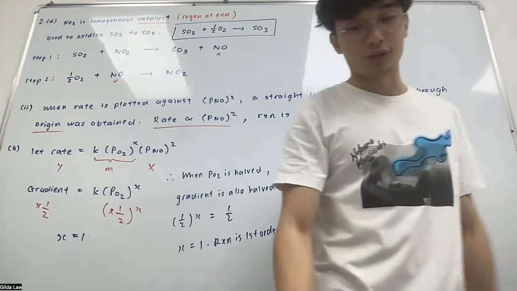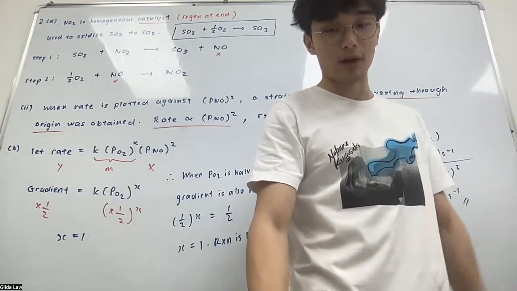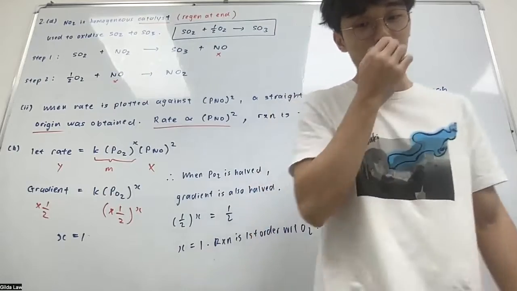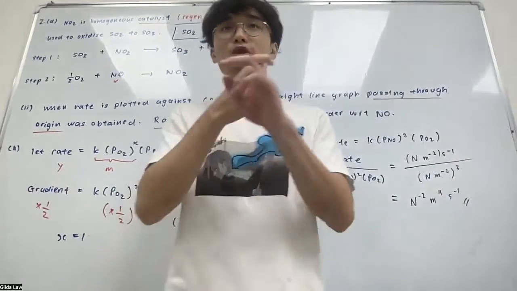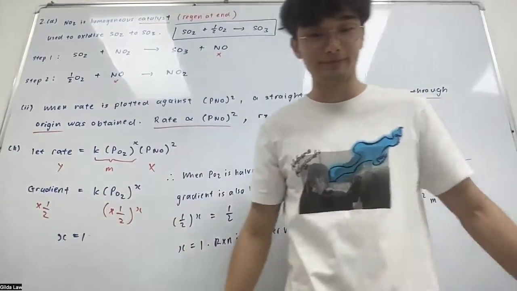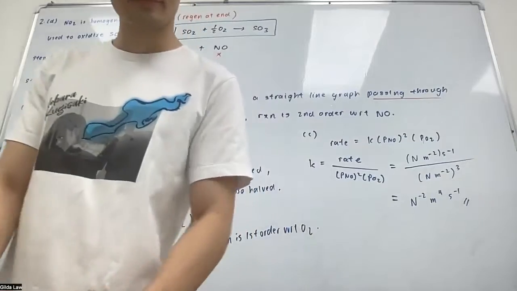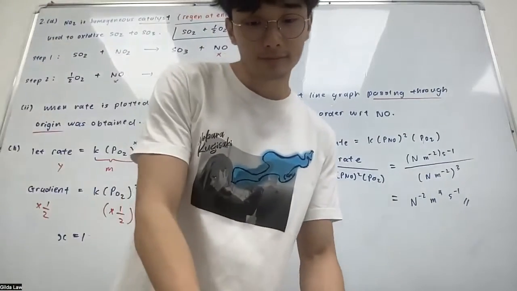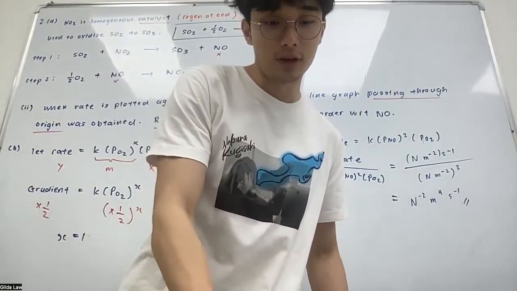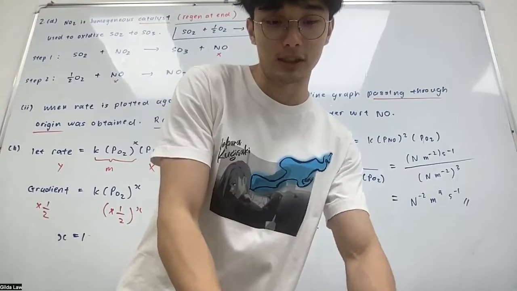Anyways, go ahead and try your part E. This one also quite fast. Then afterwards, you can move on to part F also. Come, we just do E and F. Give you guys about 5 to 6 minutes.